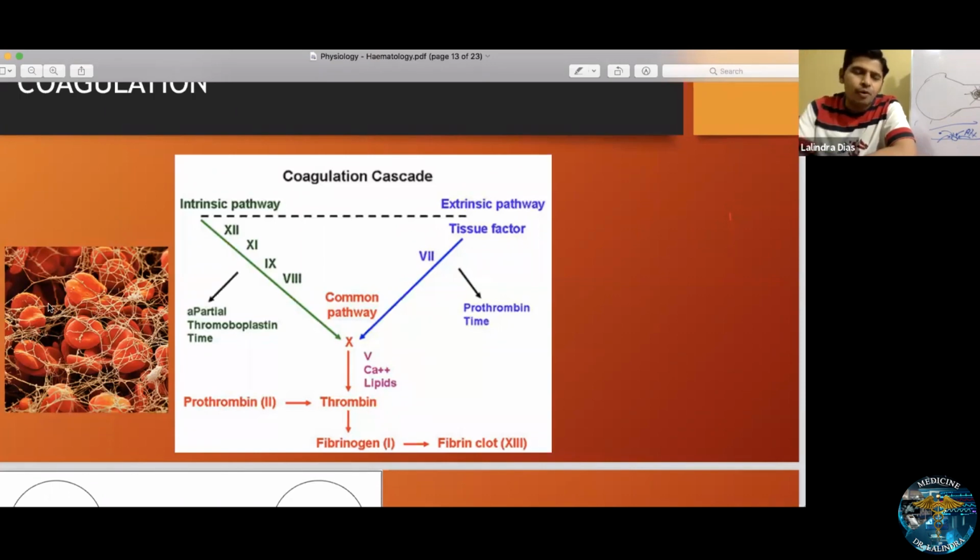The very important factor that plays a role before it forms the common pathway is factor 7. In the extrinsic pathway, the most important factor is factor 7, right? And in the intrinsic pathway, you have factor 8, factor 9, factor 11, and factor 12.